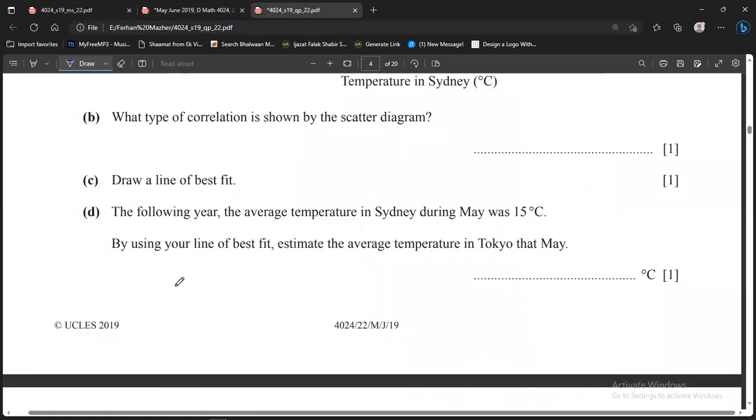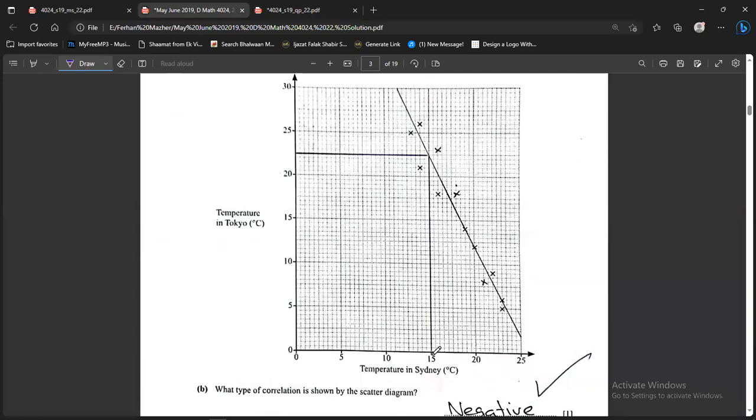Then they say the following year, the average temperature in Sydney, represented on the x-axis, during May was 15 degrees centigrade. By using your line of best fit, estimate the average temperature in Tokyo that May. So from 15 on the x-axis, the Sydney temperature, go to the line of best fit.